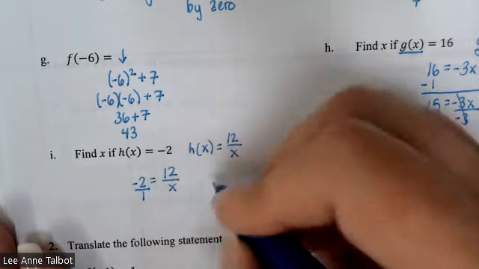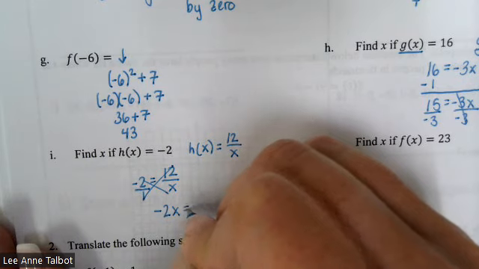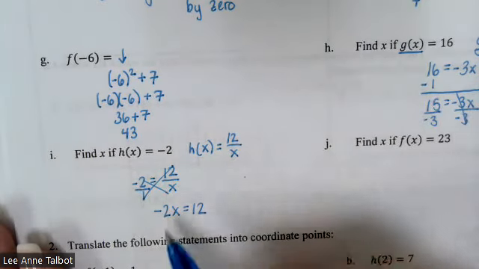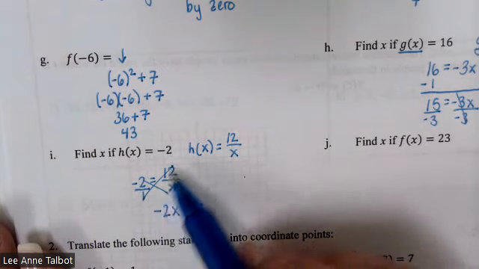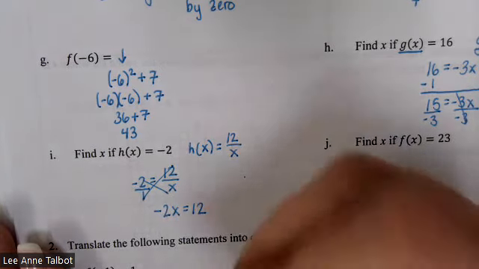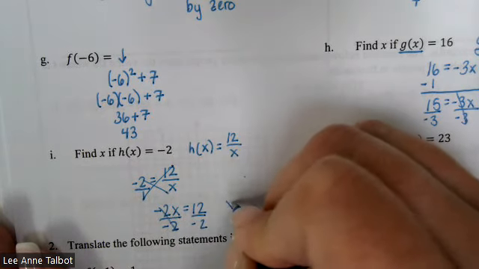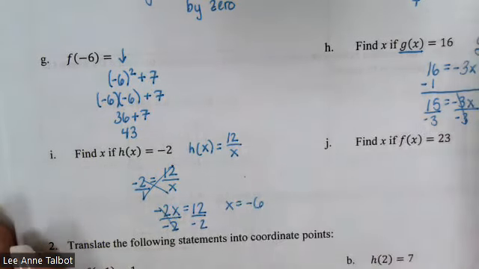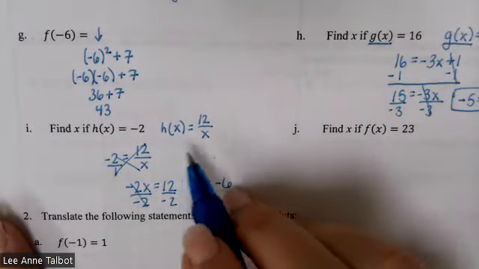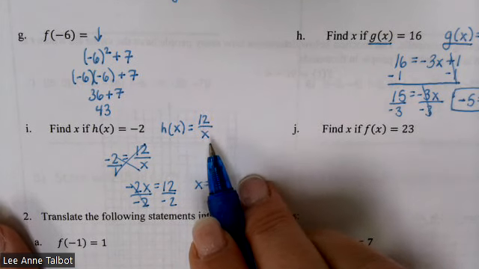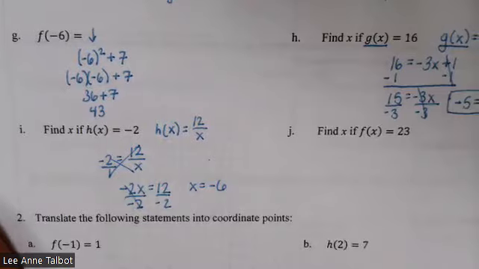So negative 2x equals 12. So you multiply those two, and you multiply those two. Divide, divide, x equals negative 6. And there are some of you in the class who probably just said, okay, 12 divided by what is negative 2, and got negative 6, and that's totally fine too.